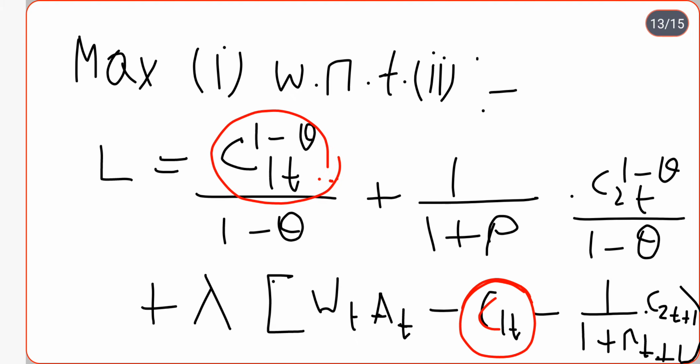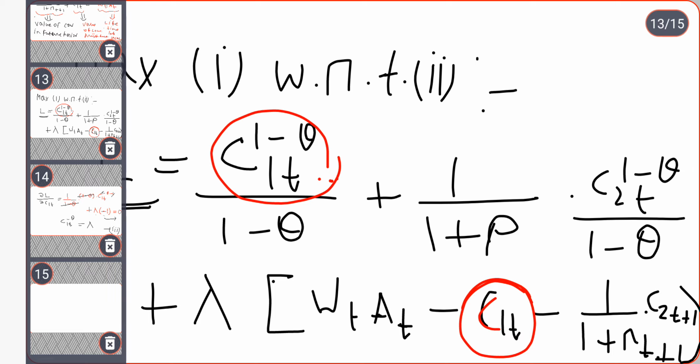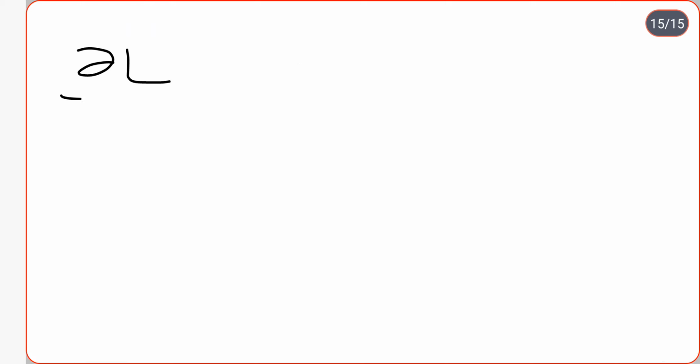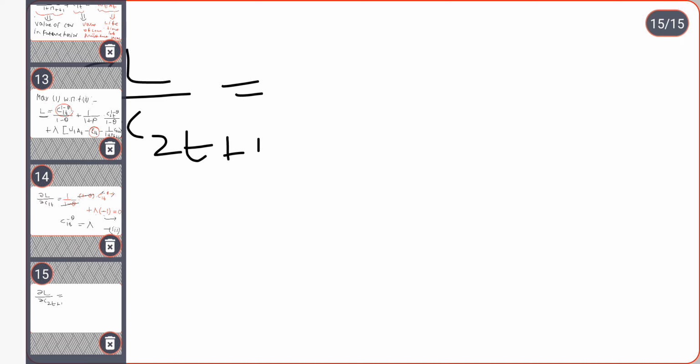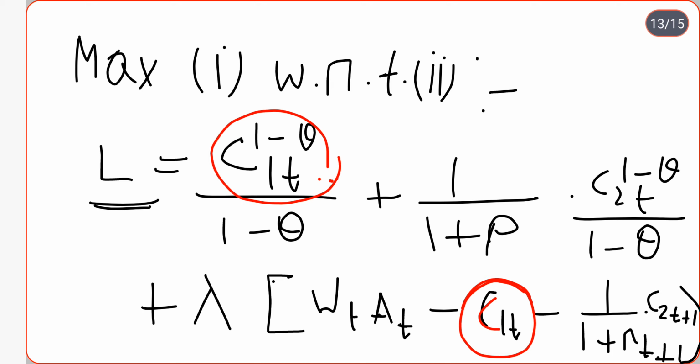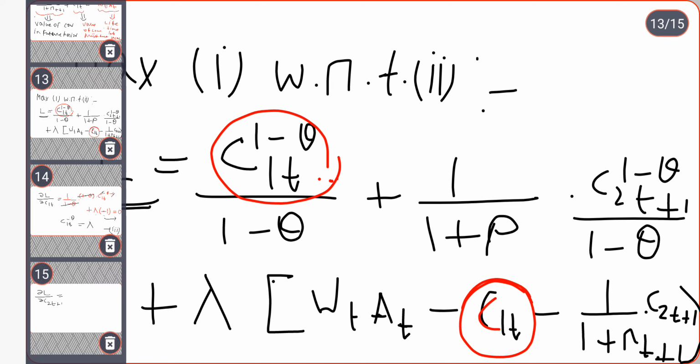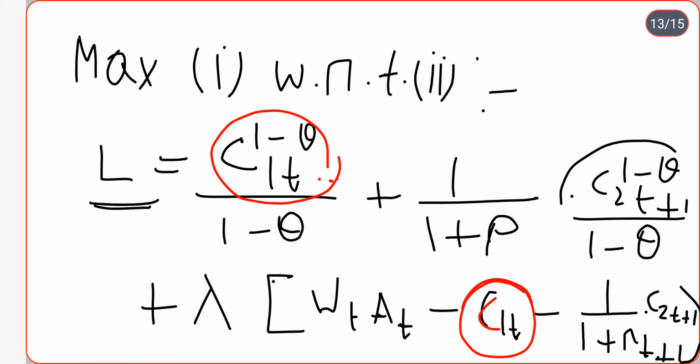Let us take the Lagrangian function again, and differentiate it with respect to C2T plus 1, the second period consumption basically. So C2T plus 1 is in this portion, and it is also in this portion.